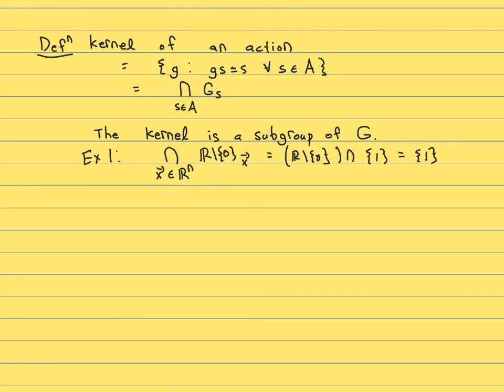And when you take any non-zero vector, you only get the scalar 1. And so, even though this is an infinite intersection, it turns out there's actually only two sets you're intersecting. And this intersection is clearly just the set containing 1, because it's already a subset of this.